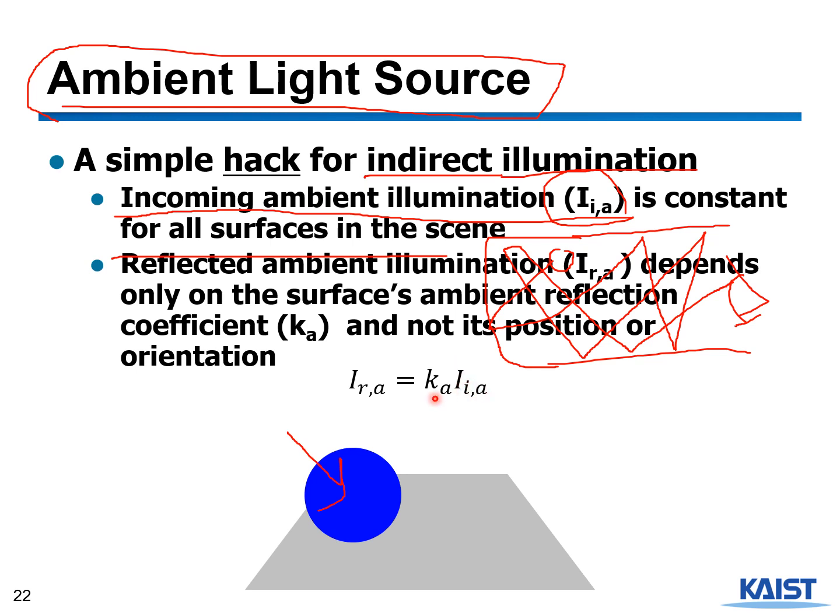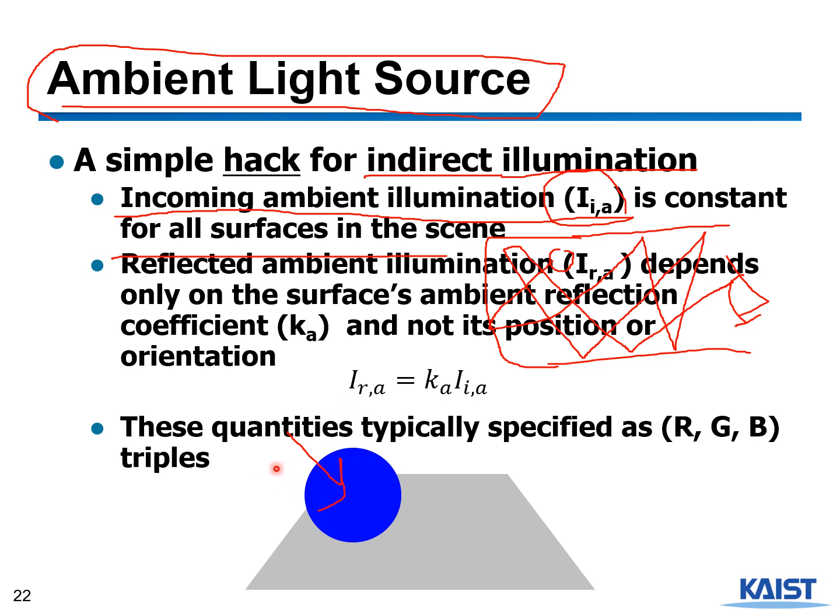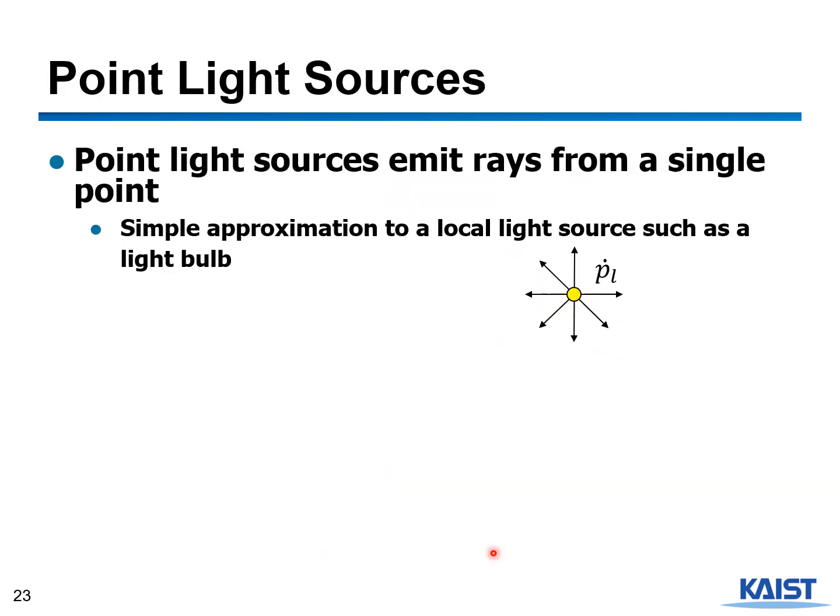Then we just modulate it with the material-dependent surface ambient reflection coefficient Ka. So in the end, this is just constant. This quantity is typically specified per RGB channel, so that's why we can have this kind of color here. But obviously the ambient light source is also just constant. That's the drastic simplification for the indirect illumination.